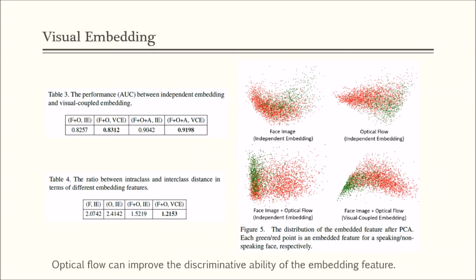We can see that the fusion of audio flow and face image appears to be more separable than the single modality features. Meanwhile, the view-coupled embedding performs better than the independent embedding, proving that view-coupled embedding can generate more discriminative features. This can explain why the visual embedding network can achieve more accurate classification.